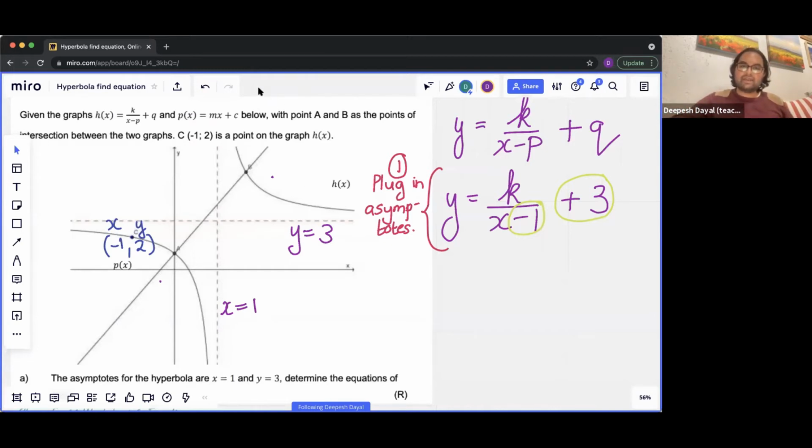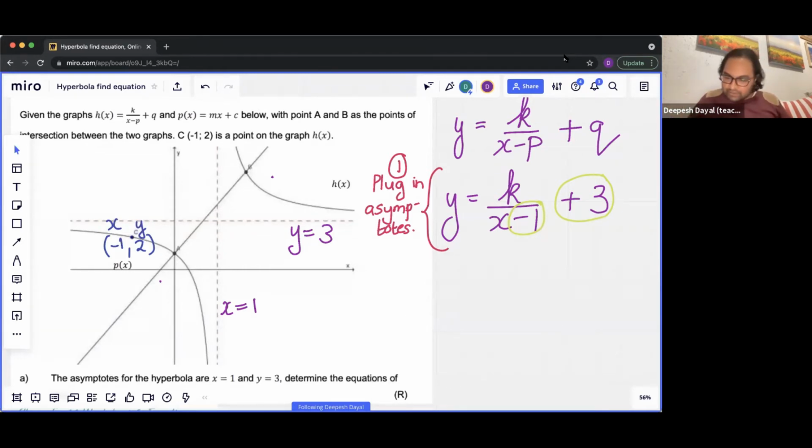Okay, so yes, we're going to plug in C because that's the only point that we have so far. We're going to plug in minus 1 in the place of x and 2 in the place of y.